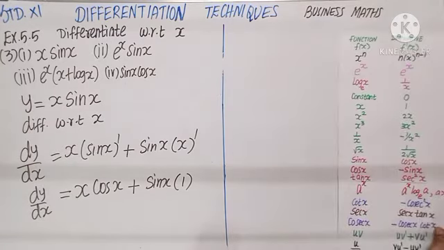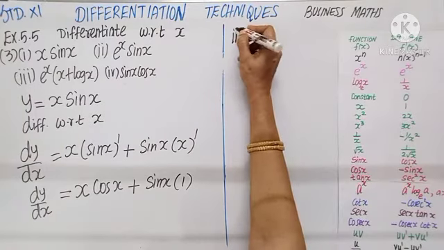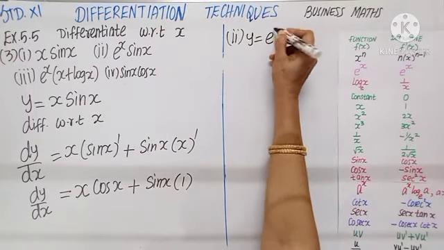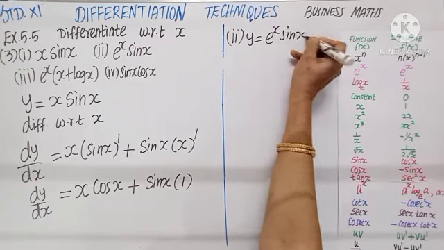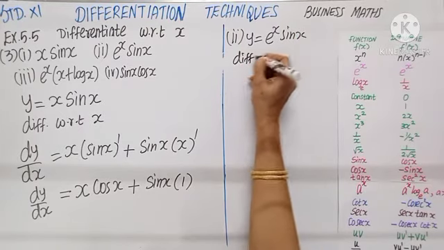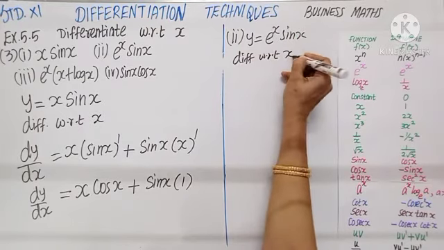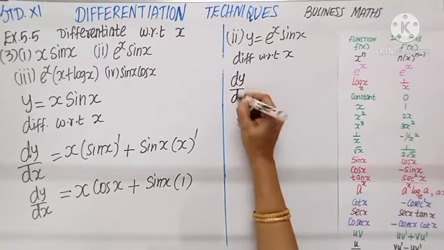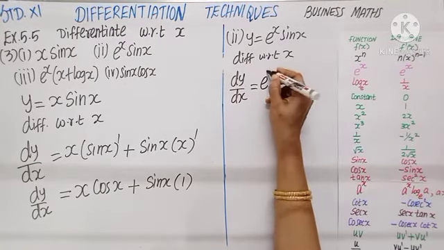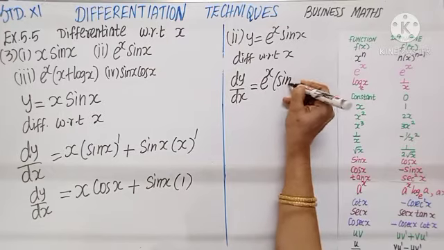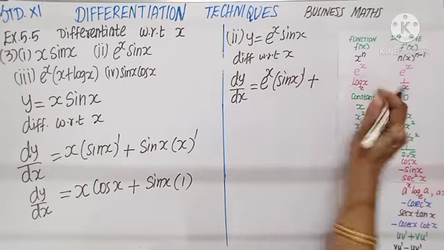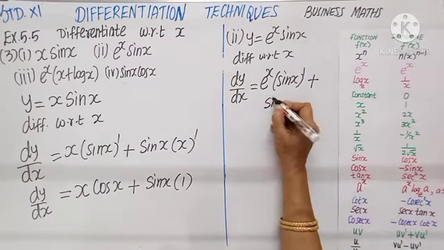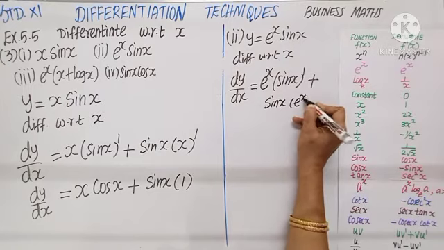Second subdivision, e power x sin x. Again there are 2 terms. Differentiating with respect to x, y will become dy by dx. Keep e power x, differentiate sin x, plus keep sin x, differentiate e power x.